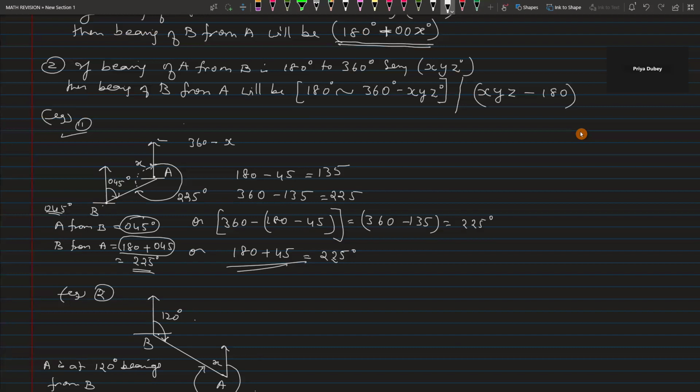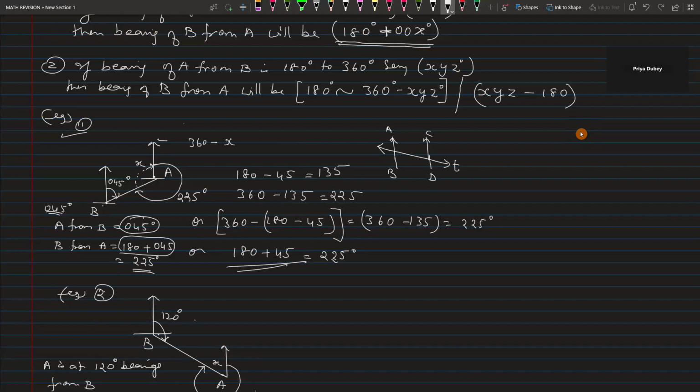Now we know that when two parallel lines are cut by a transversal, these are two parallel lines, okay? Suppose this is AB and this is CD. When these two parallel lines are cut, this T is known as a transversal.